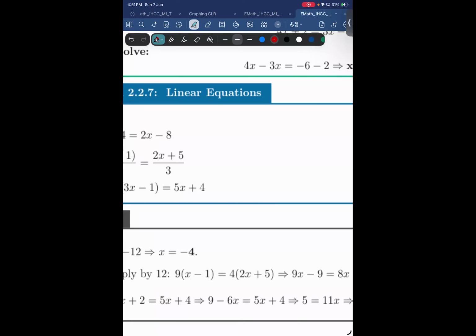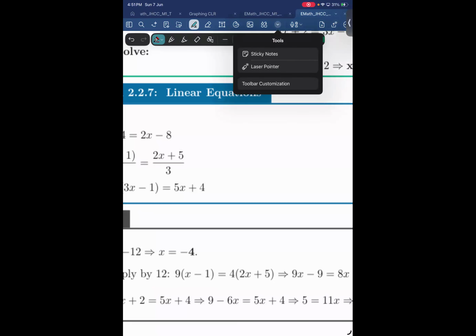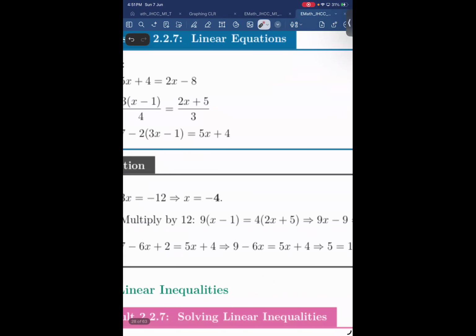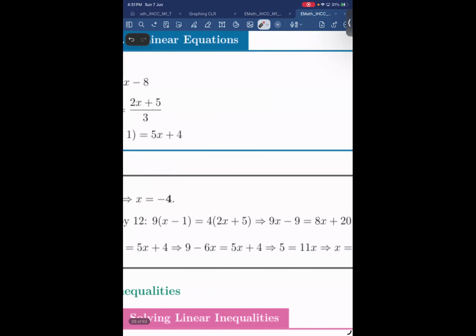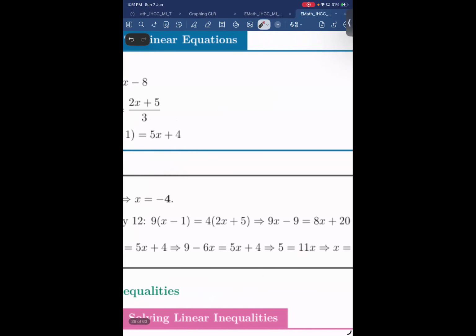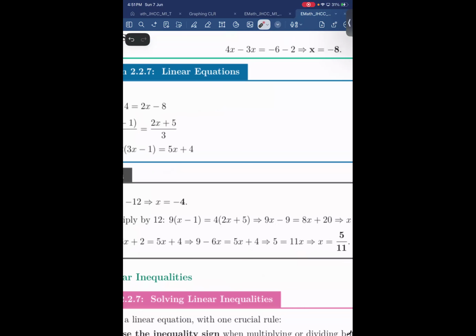Then for part C, you just simplify it accordingly. Just notice that for part C, the minus 2 and minus 1 become plus 2. Then you move x over to one side, you move the number to the right side, then you divide by 11. So this portion is very simple.